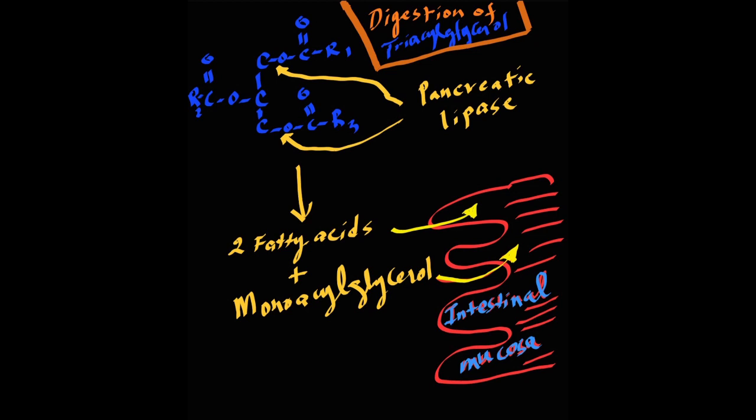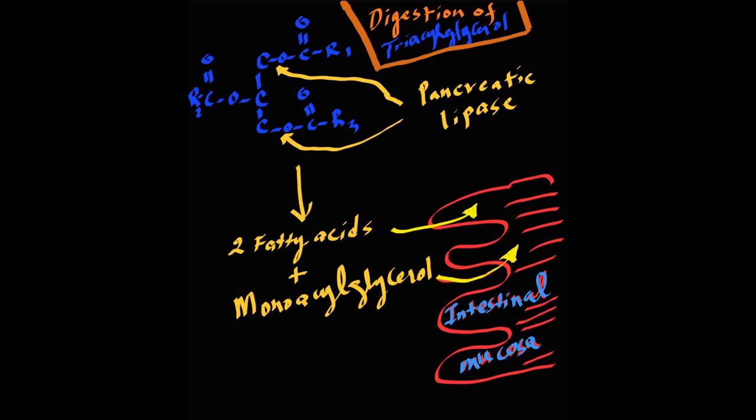There are three important lipases involved in digestion. The first one is called pancreatic lipase, which is a triacylglycerol lipase involved in the digestion of triacylglycerol from the diet. It produces monoacylglycerol from triacylglycerol and two fatty acids.